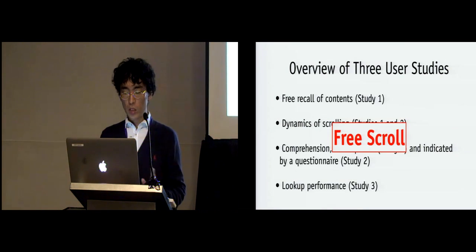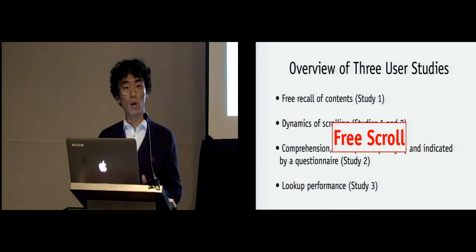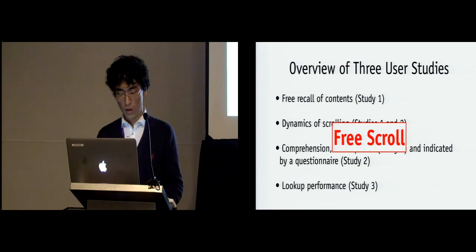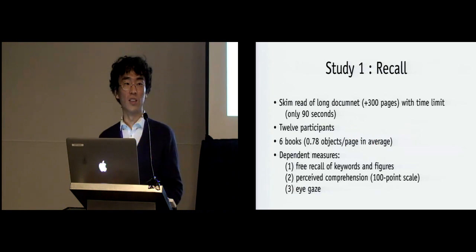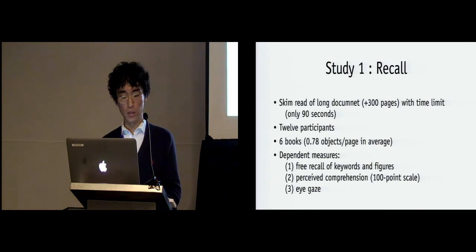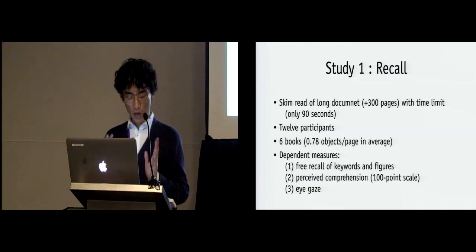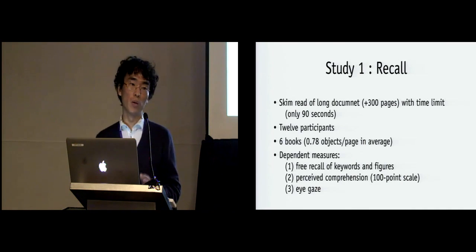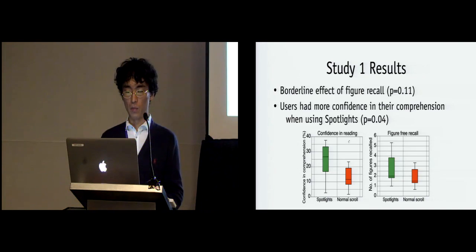To our knowledge, this is the first study to measure the scrolling performance so broadly, so maybe many people can cite this. In the first study, we tested recall performance of participants. We used 6 books with many pages, over 300 pages, and only 90 seconds were given to read the document. We measured the self-reported comprehension score and the dynamics of eye gaze of participants.